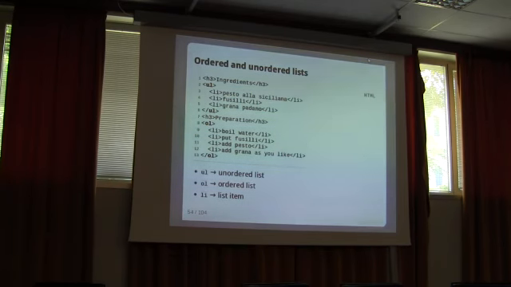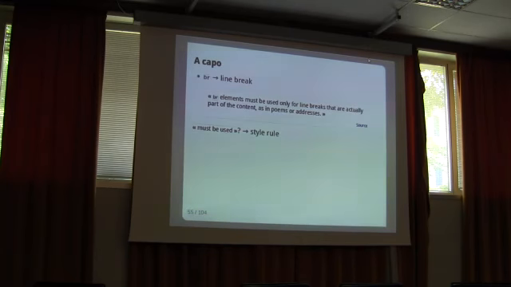Note the specification, for example, says that the element list item should only be included inside an OL element or a UL element. Okay? So this is a syntax specification that is included within the big manual. Okay.